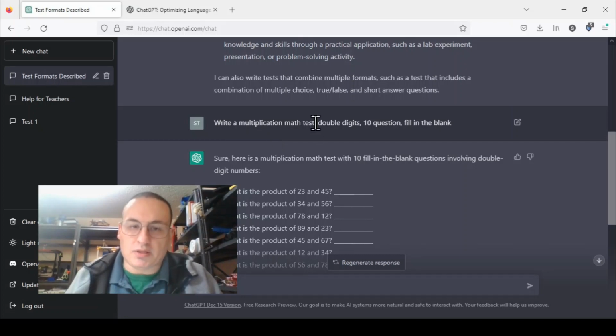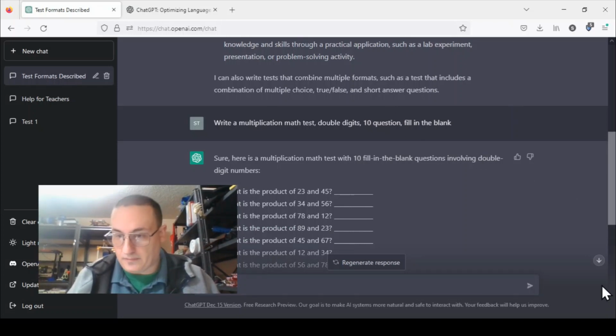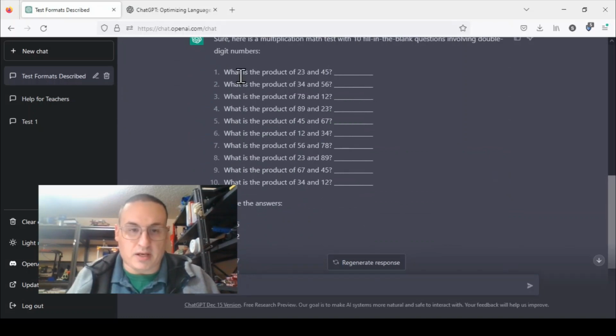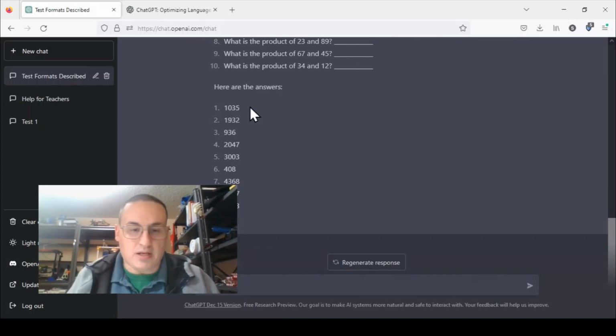So I asked it to write a multiplication math test, double digits, 10 questions, in a fill in the blank format. And so it gave me 10 questions, and this time it actually produced an answer key as well.